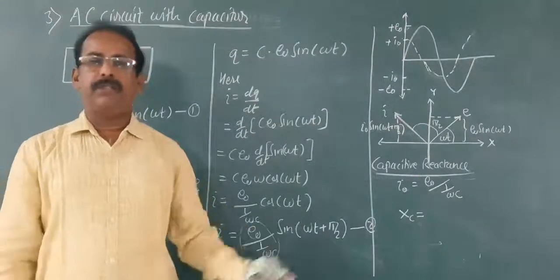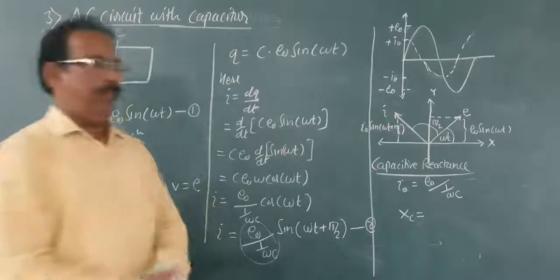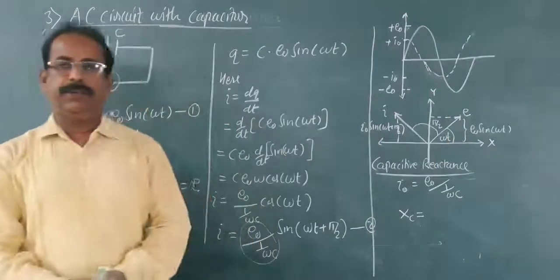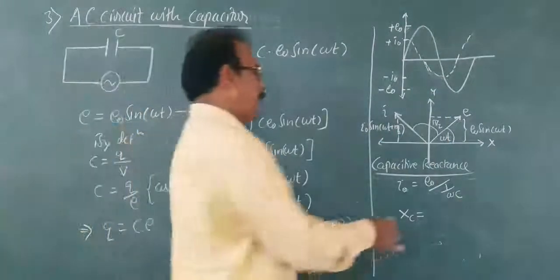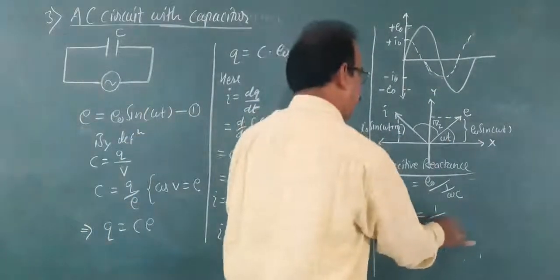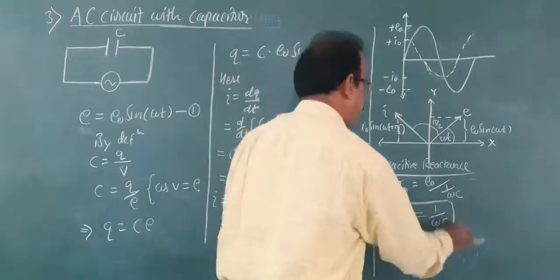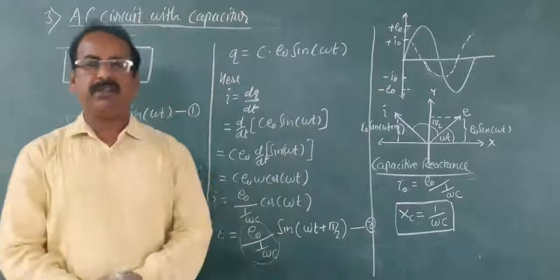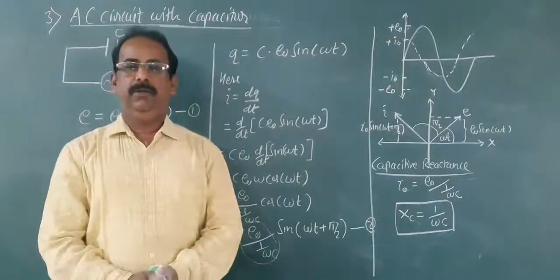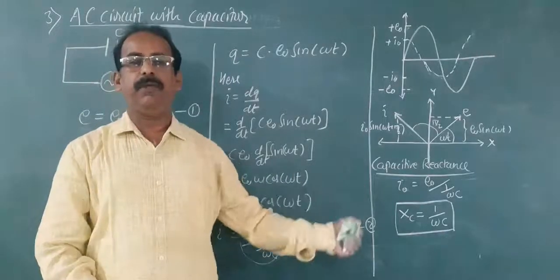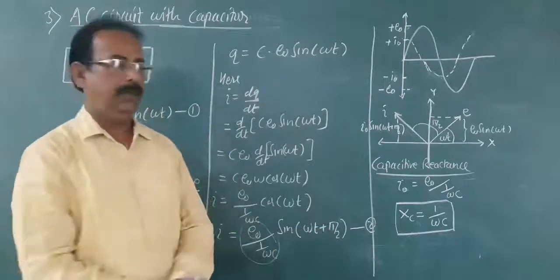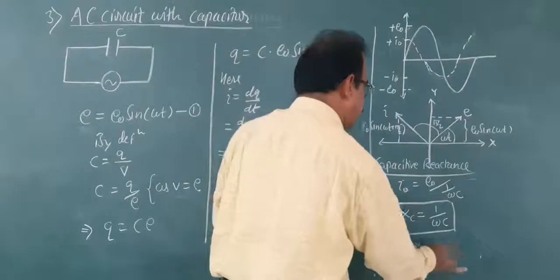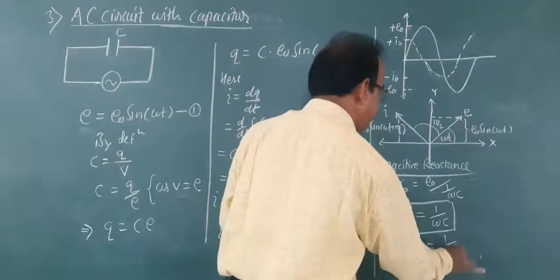When we compare, in place of resistance we get this quantity 1 upon omega C. This quantity plays the role of resistance in this circuit, which is called capacitive reactance, denoted by Xc. We get Xc equal to 1 upon omega C, or in terms of frequency, Xc equals 1 upon 2 pi f C.